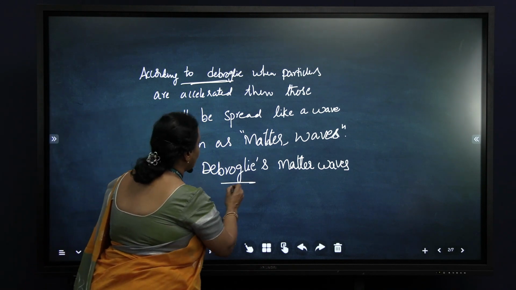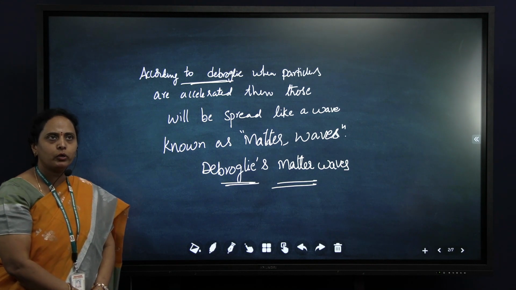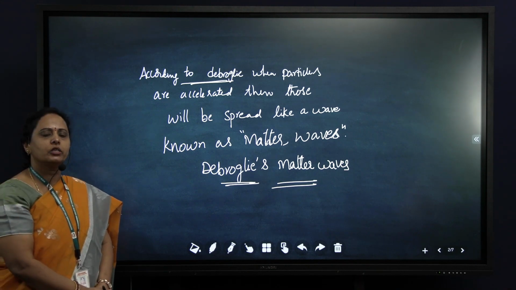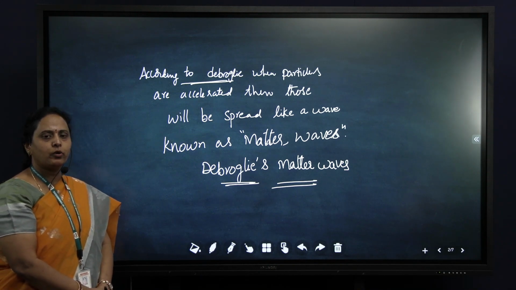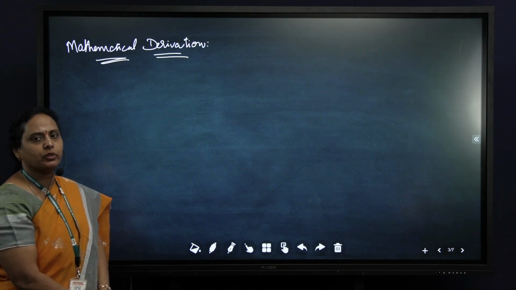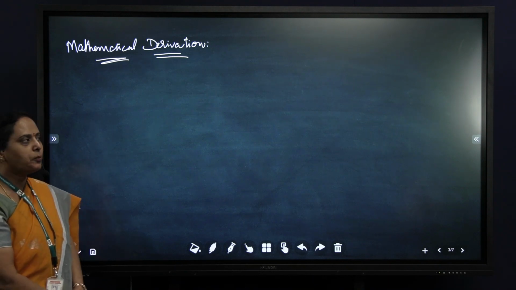Now let us see the mathematical part of de Broglie's hypothesis, the mathematical derivation, and how he explained that these particles move like a wave.